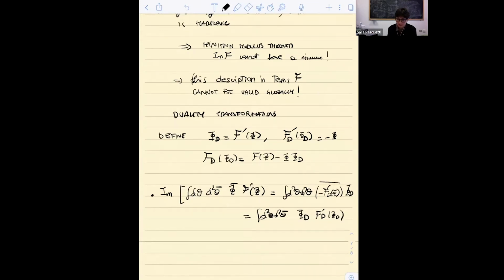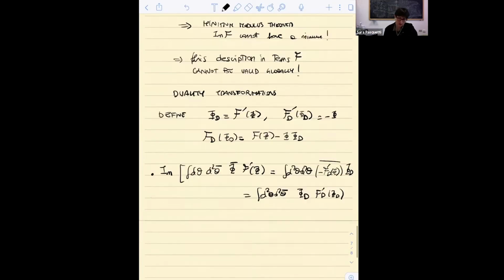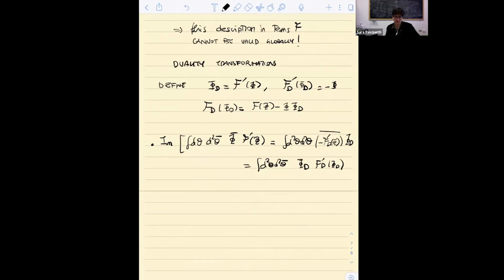So you see that I get exactly the same form of a kinetic term for the chiral field in terms of the dual prepotential. So it looks very much like having done a canonical transformation where you set Q equal to P and P equal to minus Q in the phase space. And this transformation has unit Jacobian.